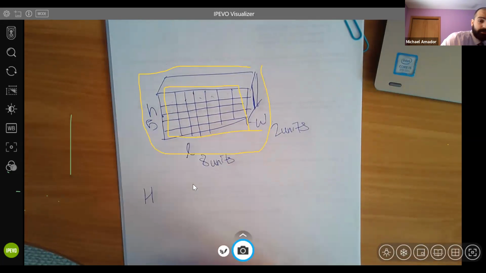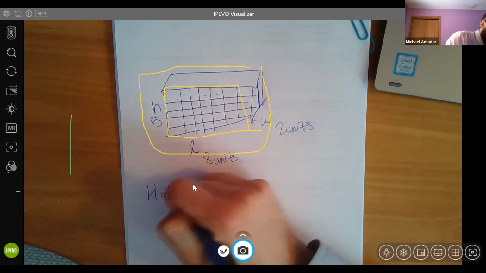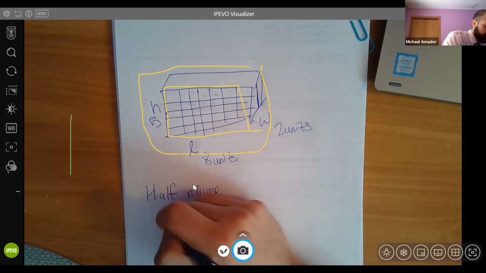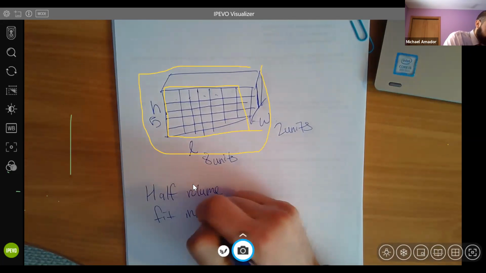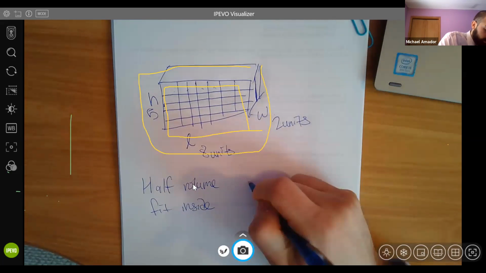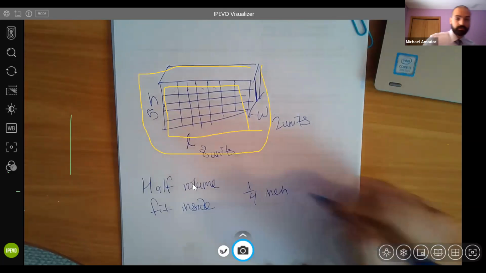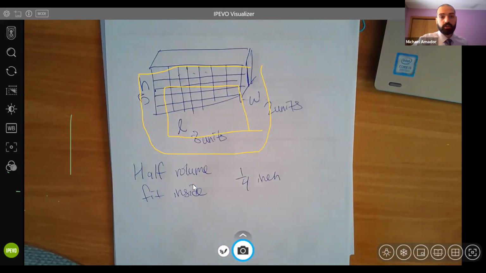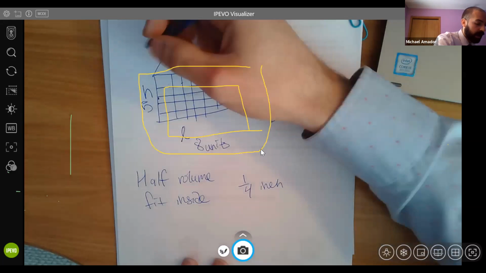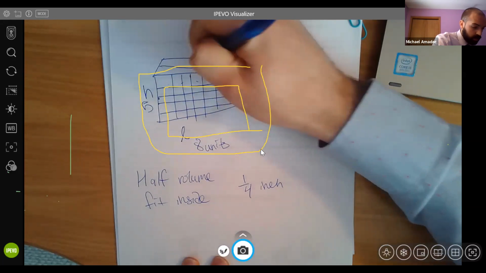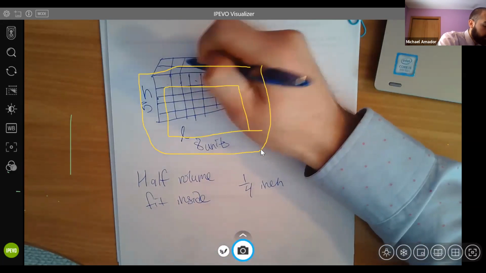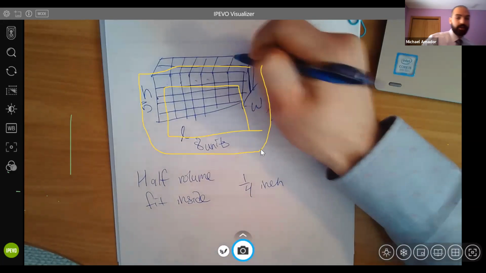We want to know what half of the volume is, and we're trying to fit inside it cubes that are 1/4 of an inch. So instead of finding how much they can fill the entire volume, I'm only going to concern myself with half of the volume.